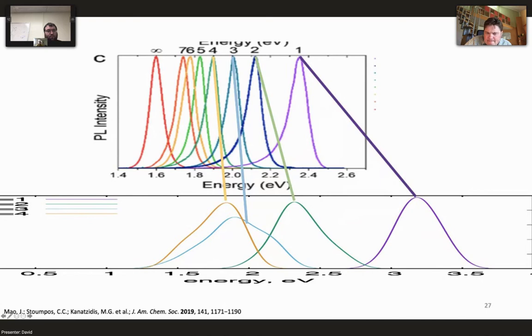If we look at the n equals 1, it appears to be about twice. Maybe a little more than twice. And you see a similar twice if you compare the other ones, except for the n equals 3, which has that extremely large shoulder in the theoretical model.